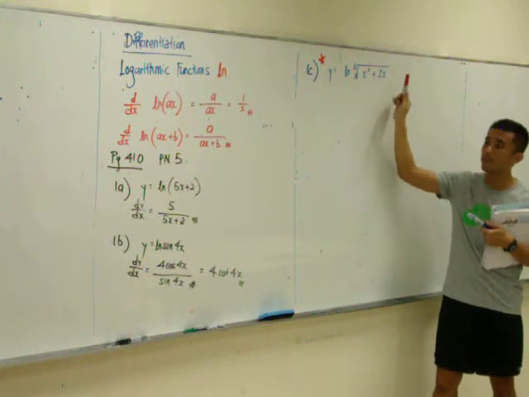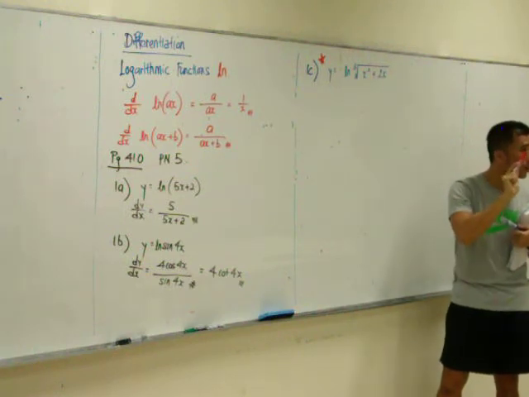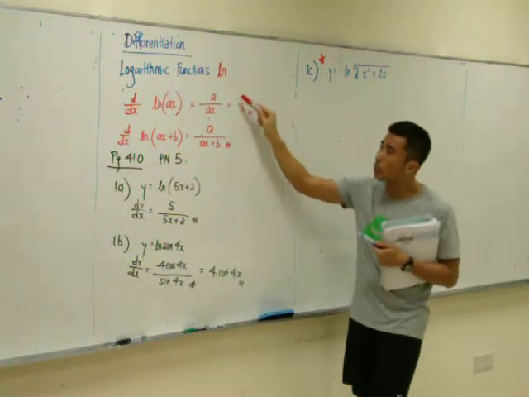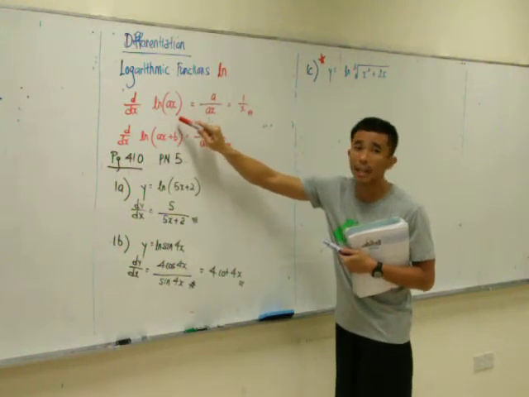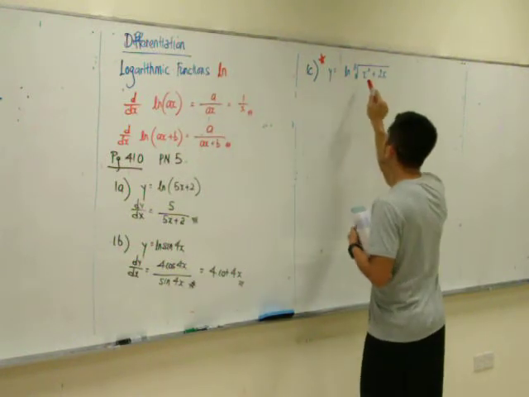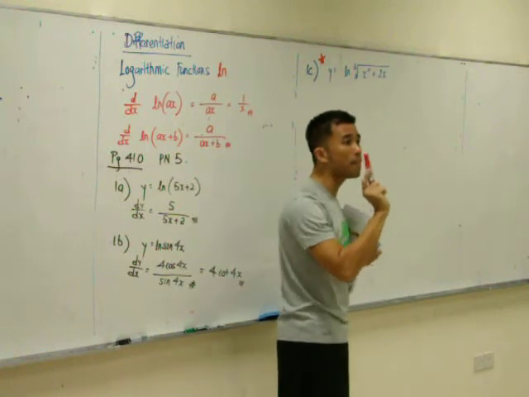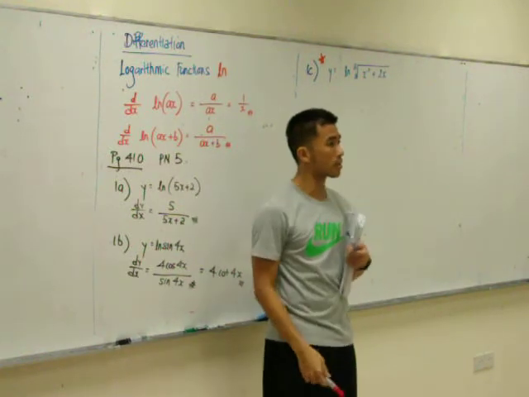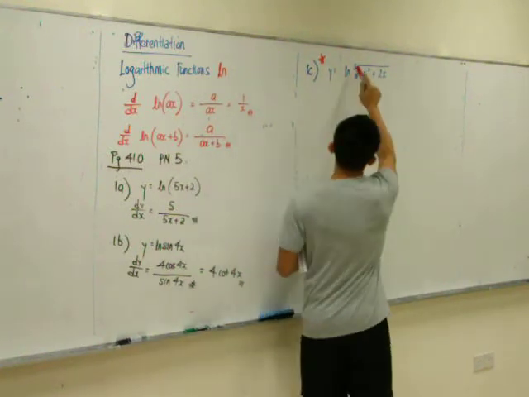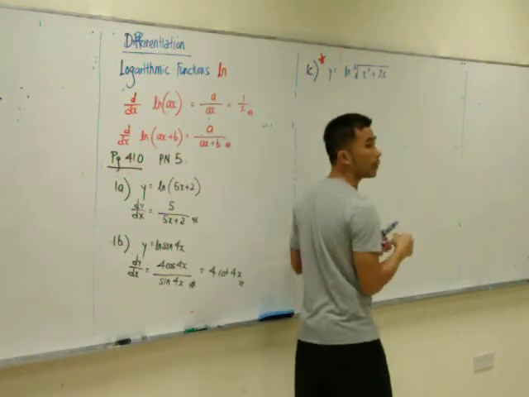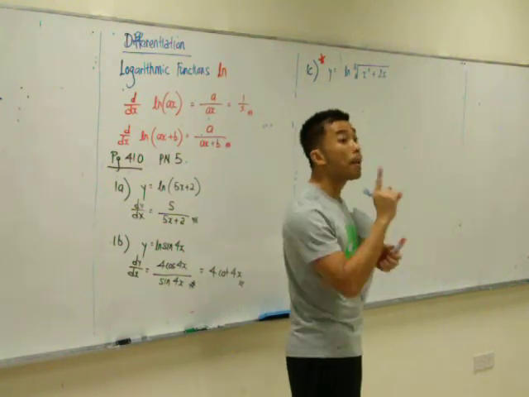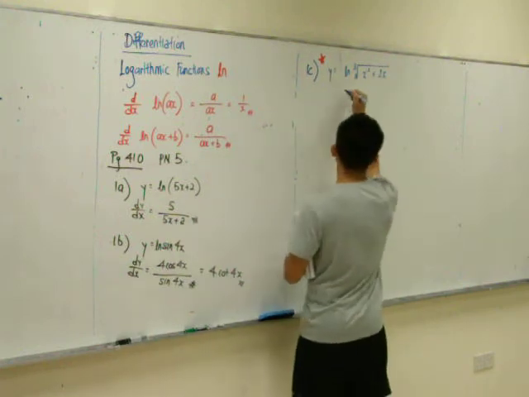We just have to simplify because Mr. Liu already said you only need to differentiate ln of something like this. If it looks like this, your job is to simplify until it looks like this. Yes. Can you tell me, cube root of 3 can be written as? Power 1/3. Thank you.